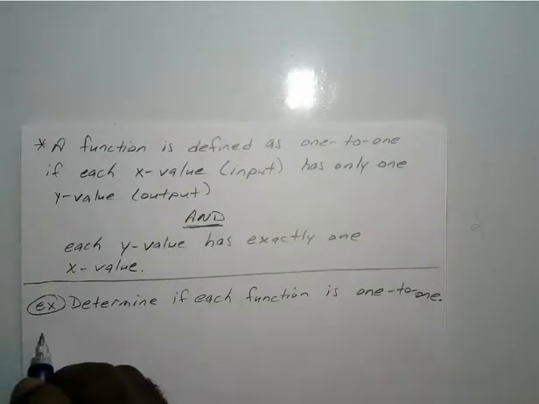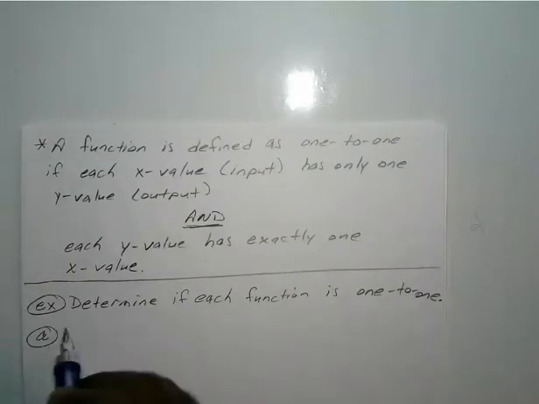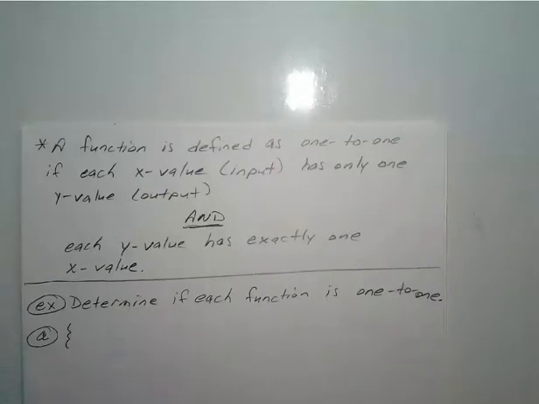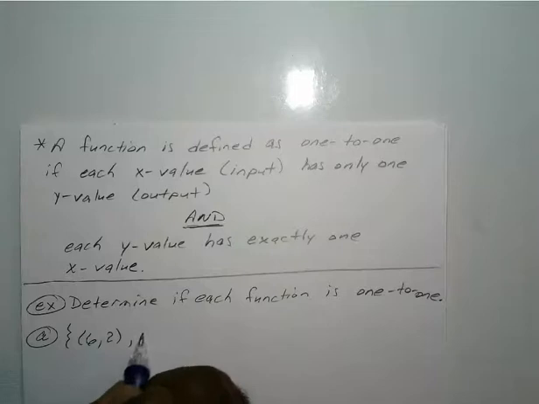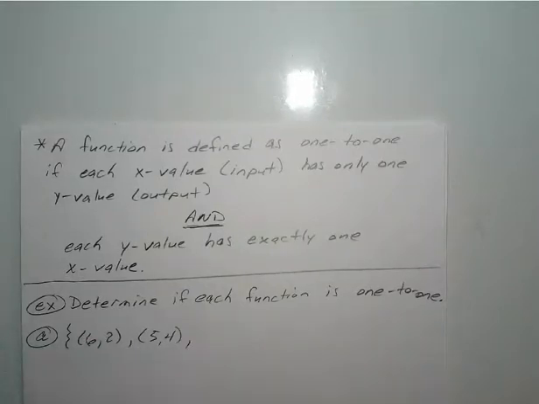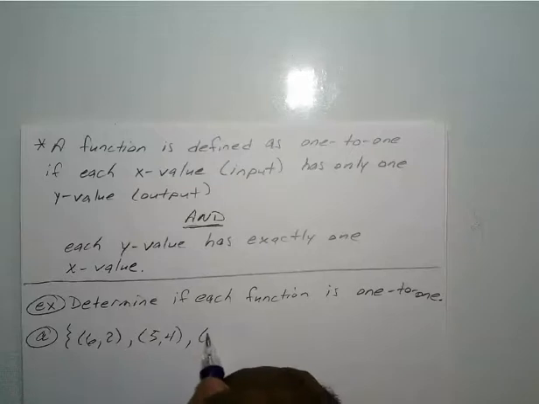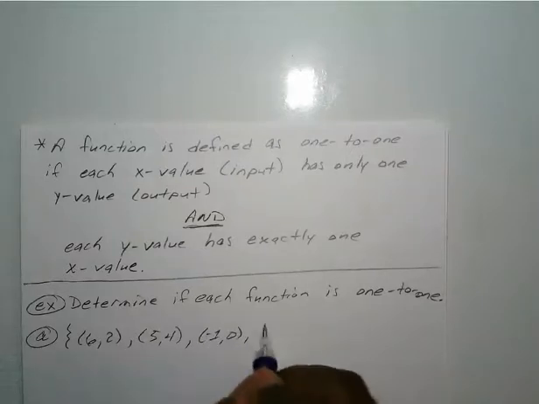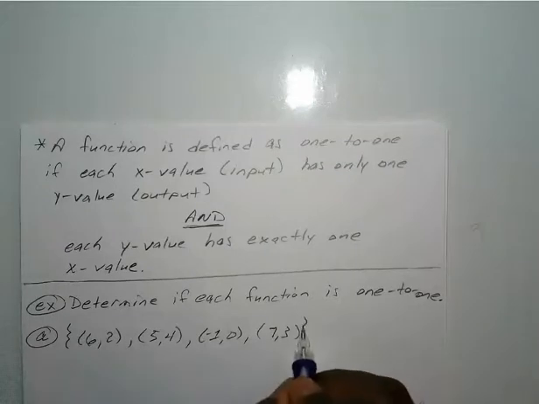Okay, so for A, we have 6, 2 for our first ordered pair. Say 5, 4. Say -1, 0. And 7, 3.